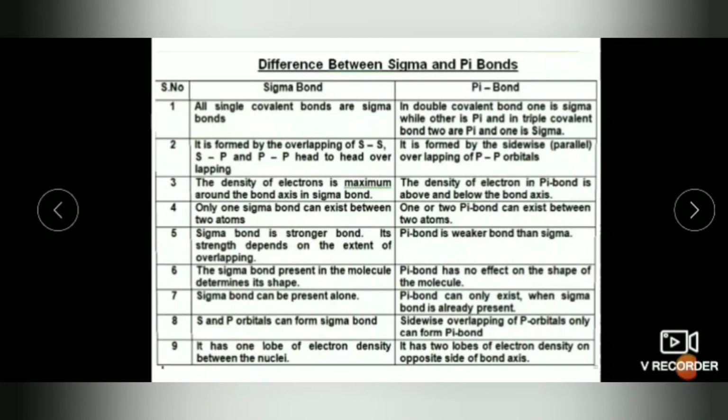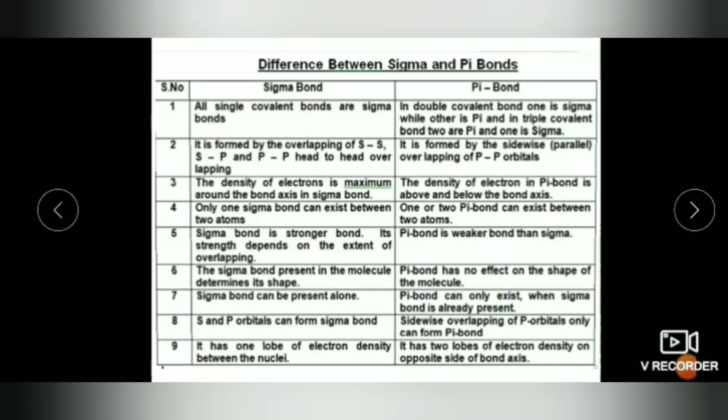Let us look at the difference between a sigma bond and a pi bond. A single covalent bond is only a sigma bond; there is only a single sharing of electrons.